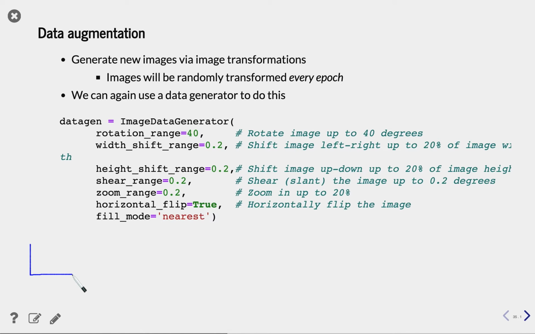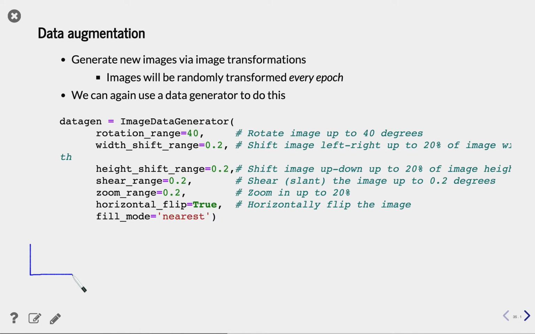And then, of course, because sometimes you create empty space, you have to fill it up. In this case, the fill mode is nearest, so you take the nearest pixel and just copy that all the way down. Right? So if you look at our generated images, you can see this happening. For instance, here we can see that this image was zoomed in, and this was empty space.